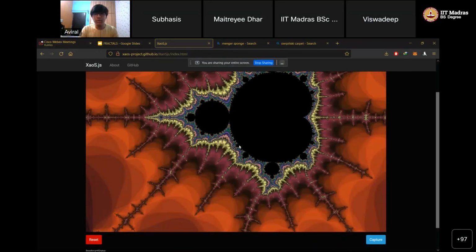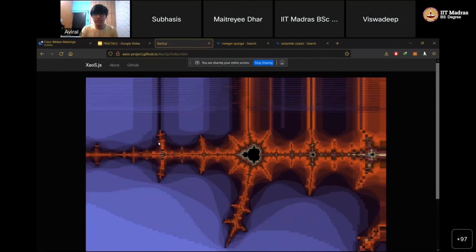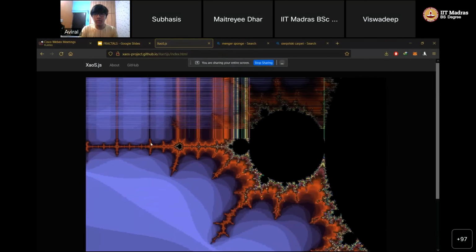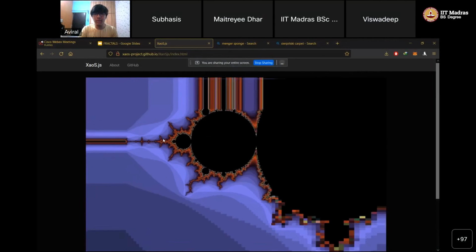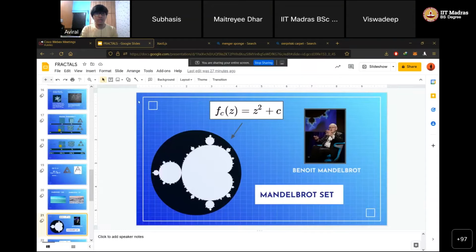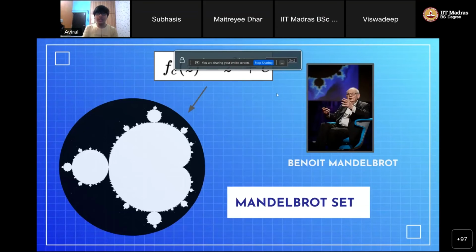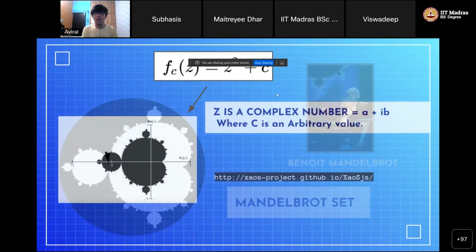This is a simulation of a Mandelbrot set. So what is it exactly? It is a mapping of the function z squared plus c, where z is a complex number.